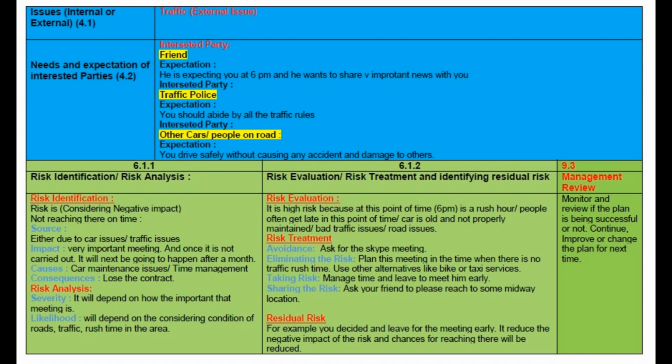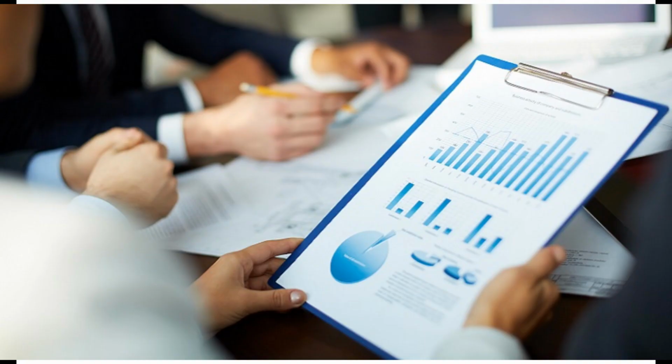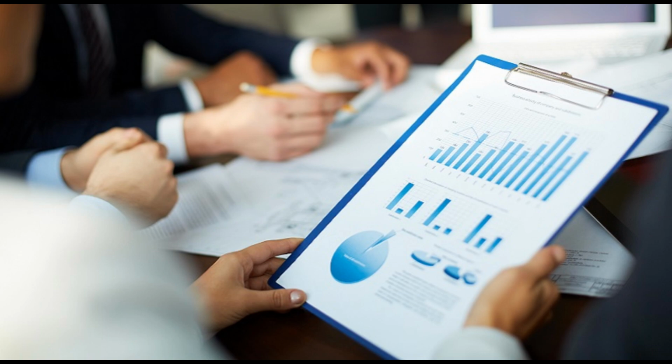After risk treatment, now find the residual risk, whether it is within the range and acceptance criteria, and then go for it. And finally, in the last column, monitoring first and then reviewing the outcome of the activity in order to continue, modify or improve the process of risk management.